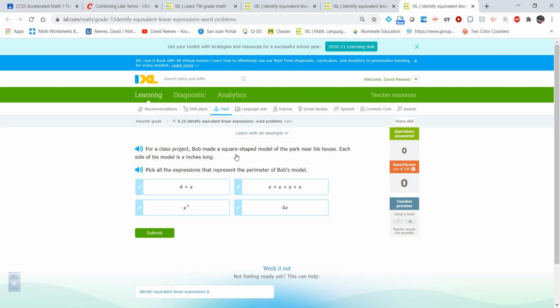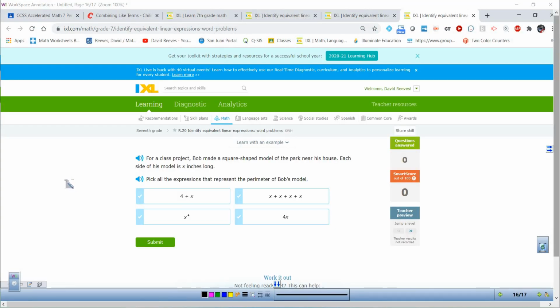For a class project, Bob made a square-shaped model of a park near his house. Each side of his model is x inches long. Pick all the expressions that represent the perimeter of Bob's model. So let me just draw it out right here. If you have a square and each side is x long, and you want to find the perimeter, you're going to have to add all those together, right?